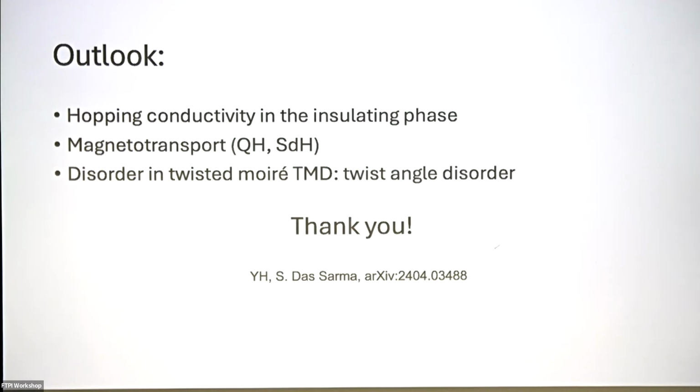Another disorder I haven't discussed in TMD systems is for twisted moire systems. There's always disorder related to the difference of twist angles, and there are domains of different twist angles in this kind of system, and this can also lead to some experimental consequences. So thank you, and if you want to look at the details, you can check my paper.